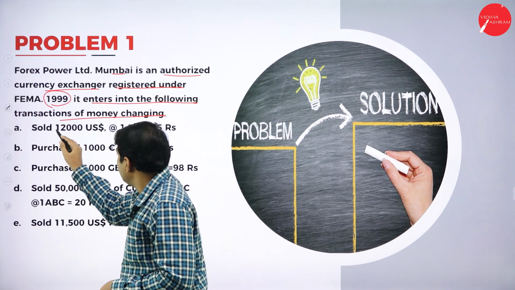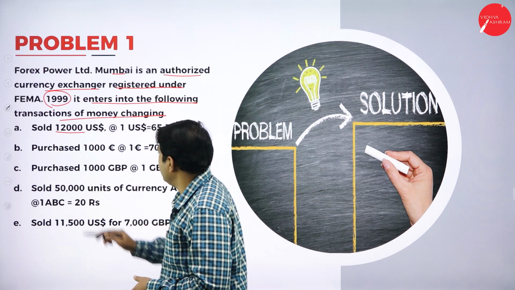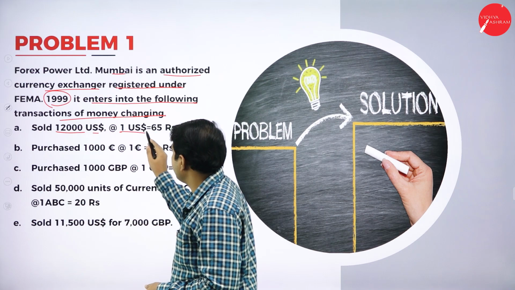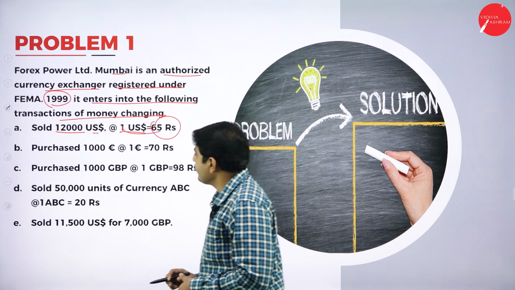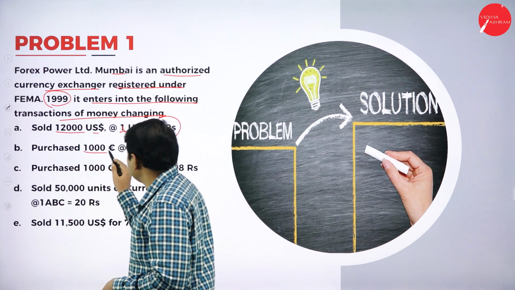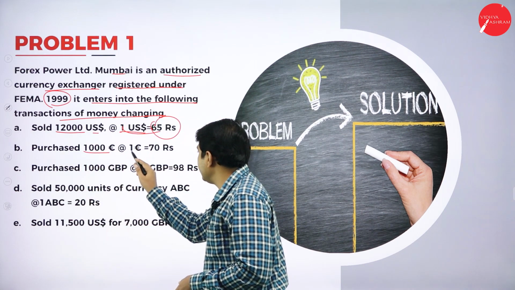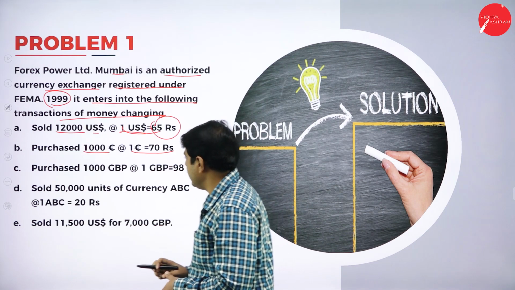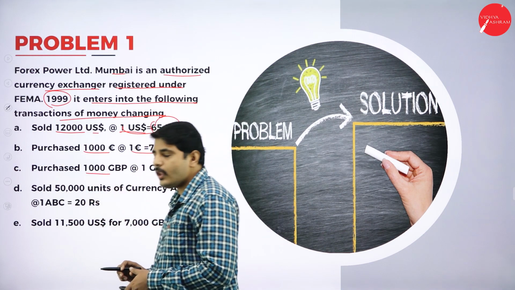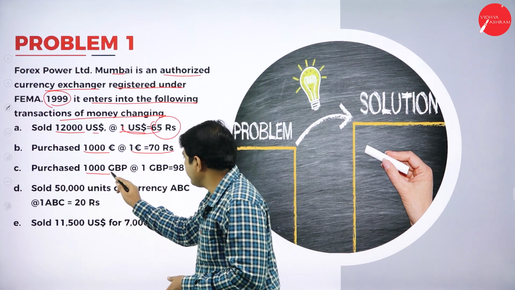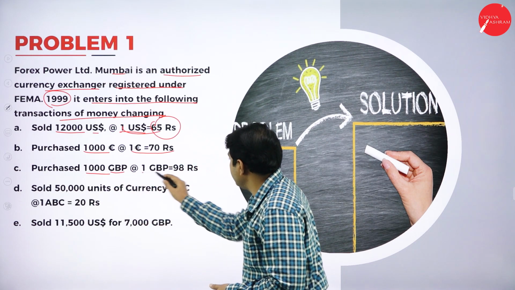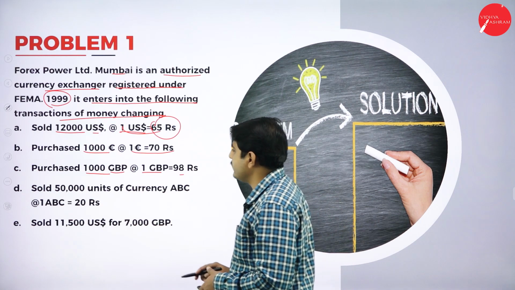It sold $12,000 at rupees 65, $1 equals 65, and it purchased 1,000 euro, 1 euro equals 70 rupees. It purchased 1,000 GBP, a type of currency, at 1 GBP equals 98 rupees.